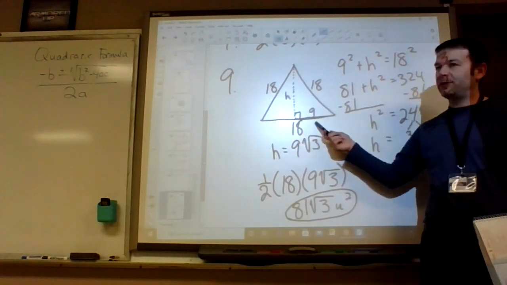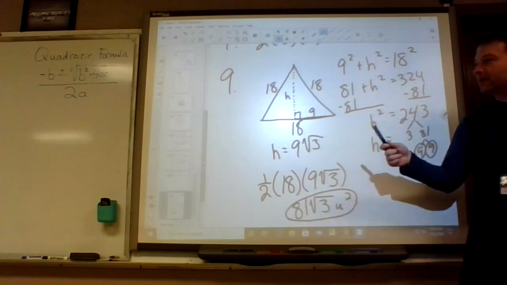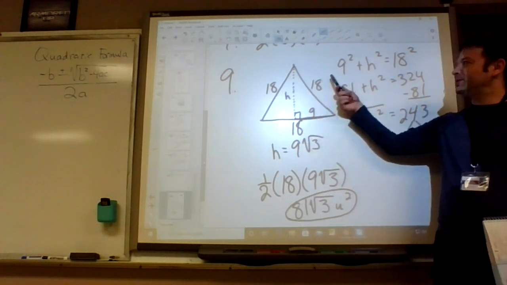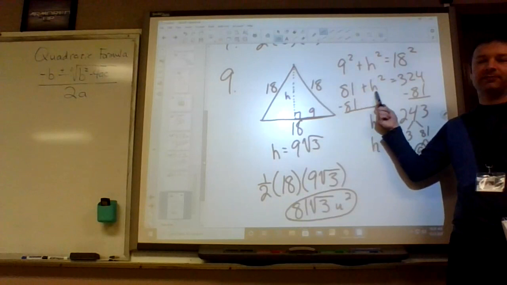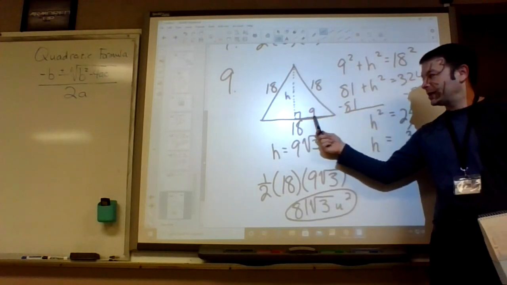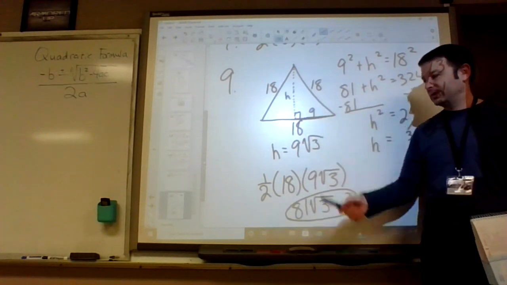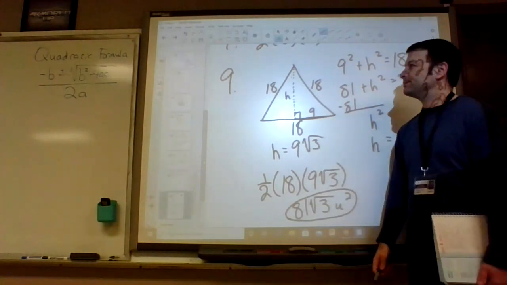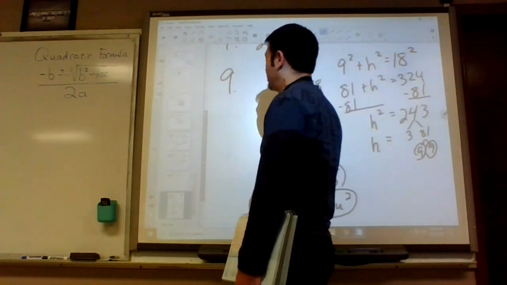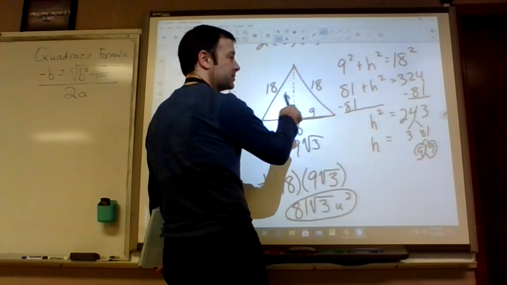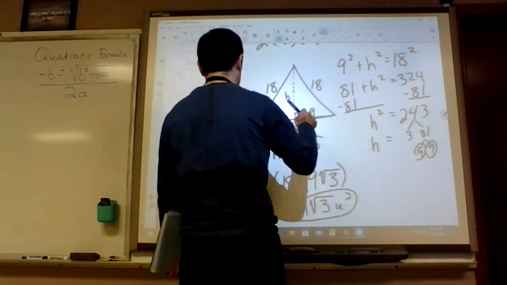So it's basically half of the base times square root of 3 every time. If you don't remember that, you just have to do the Pythagorean theorem every time. Just saves you time. That works on equilateral triangles, not on every right triangle, just equilateral.